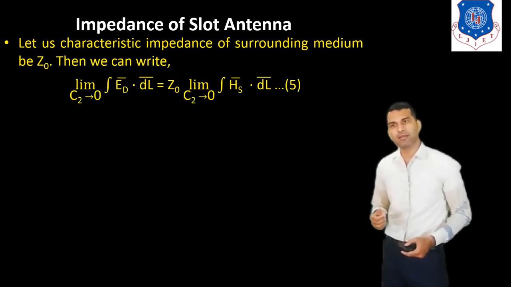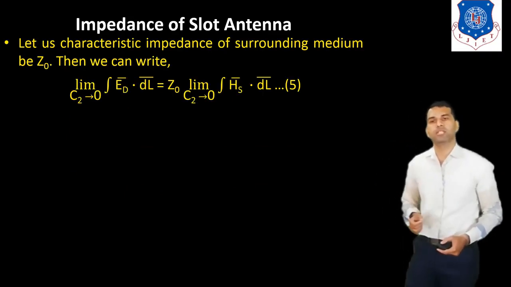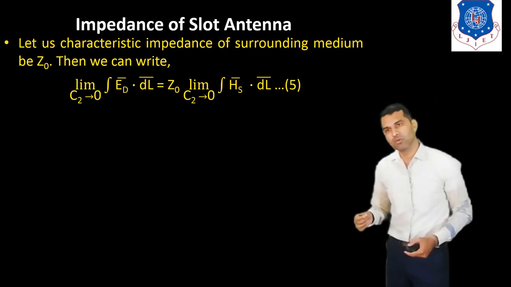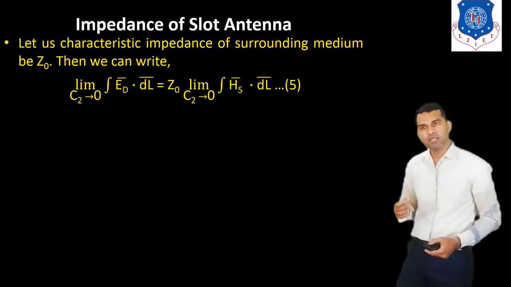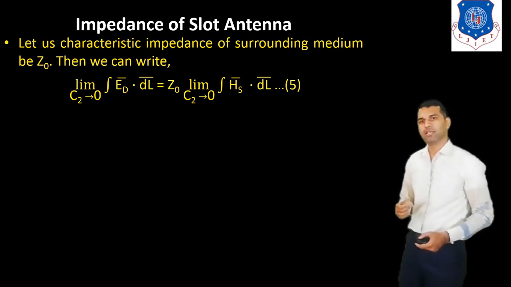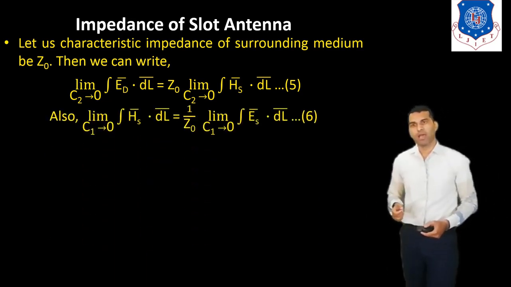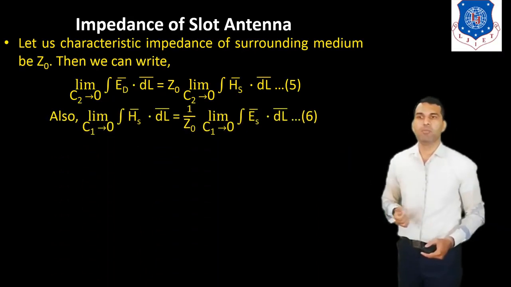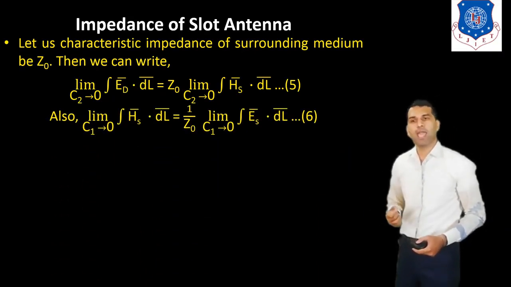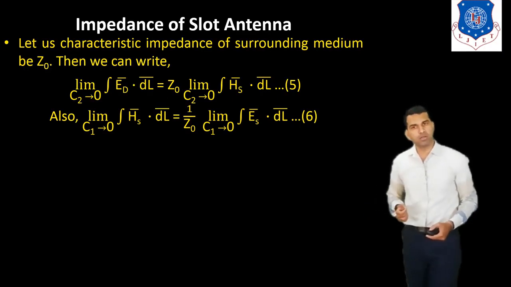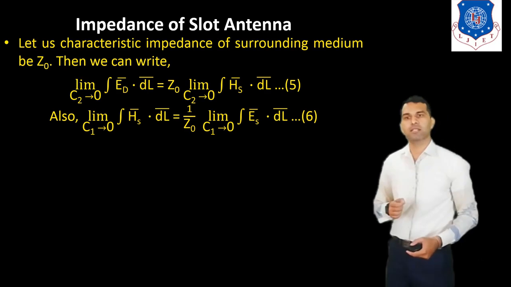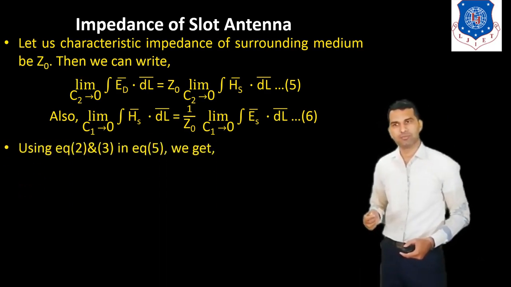Then we can write the limit as C2 tends to 0 of the integration of Ed dot dl equals Z0 times the limit as C2 tends to 0 of Hs dot dl in the integration term. And we can also write the limit as C1 tends to 0 of the integration of Hs dot dl equals 1 upon Z0 times the limit as C1 tends to 0 of the integration of Es dot dl.